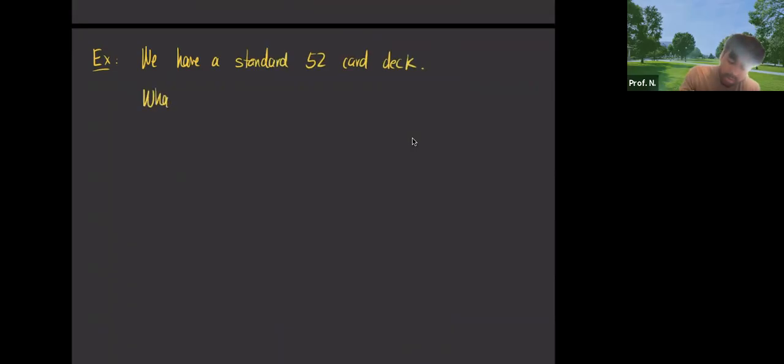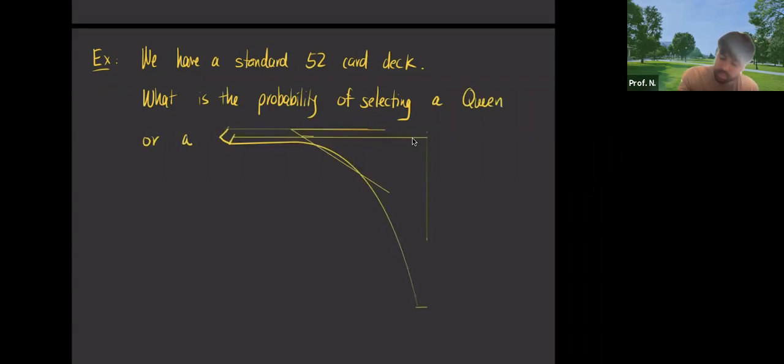What is the probability of selecting a queen or a diamond?